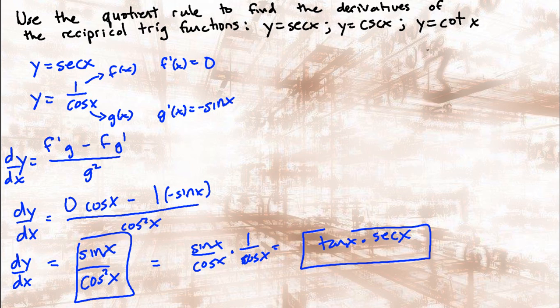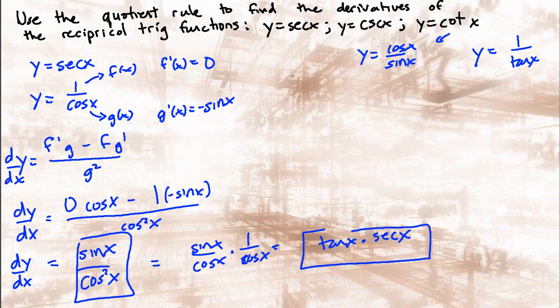Okay, so cotangent, there are actually two ways that we could do cotangent. So we could do cotangent as y equals cosine x over sine x, or we could do it as y equals 1 over tan x. Either way is fine.